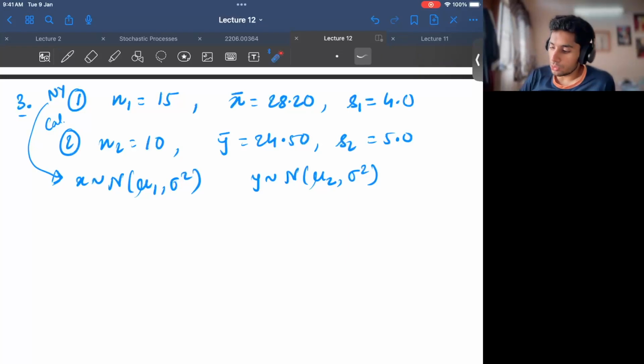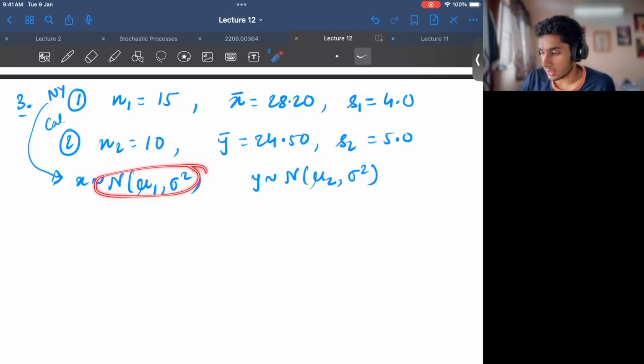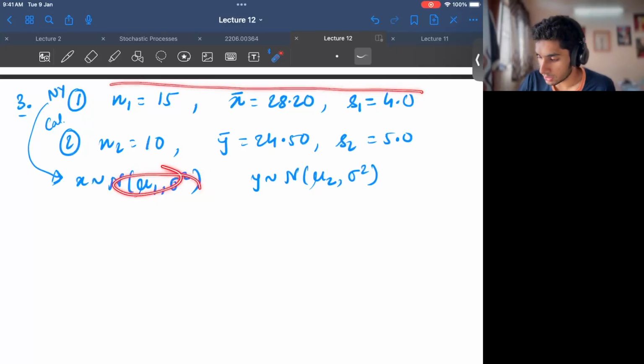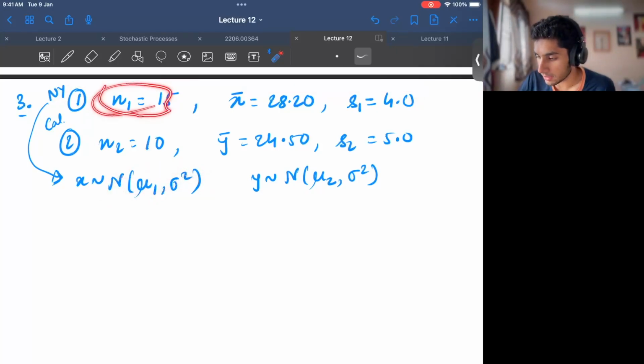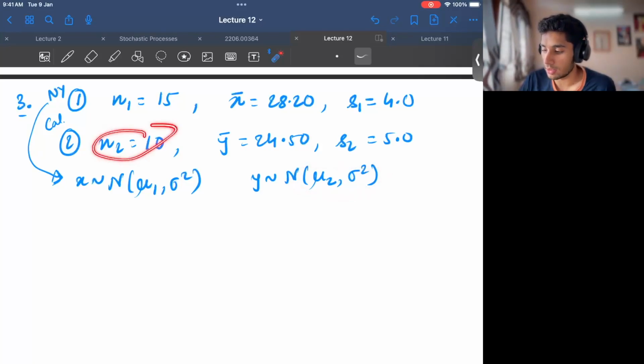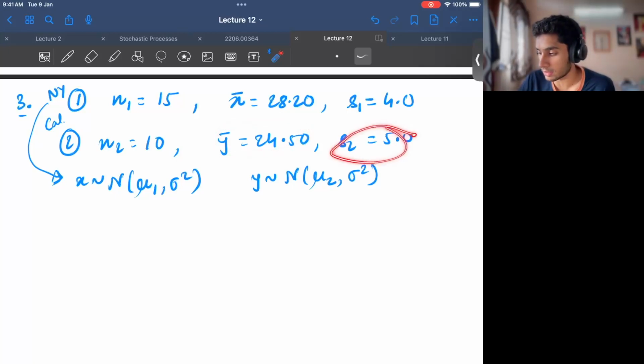So there are two distributions, this one and this one. You have 15 samples from this distribution, with sample mean 28.2 and standard deviation 4.0. Then you have 10 samples from this distribution as well, with this sample mean and this standard deviation.